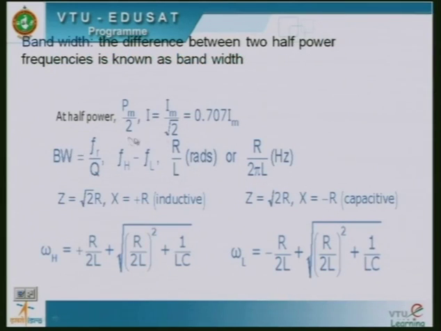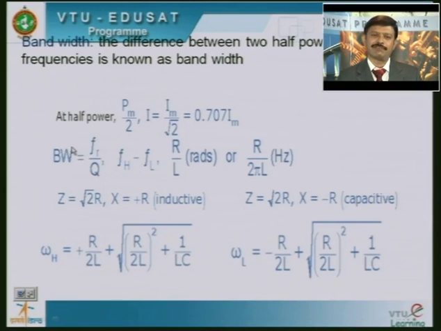You can see here with expressions: total power divided by 2, and current at those 2 points is maximum current divided by root 2, that is 0.707 times of Im. Next, bandwidth can also be computed as resonating frequency divided by quality factor. If you know the value of Q factor and the resonant frequency, the ratio of those becomes bandwidth.